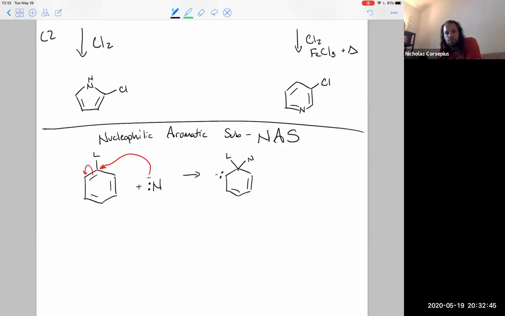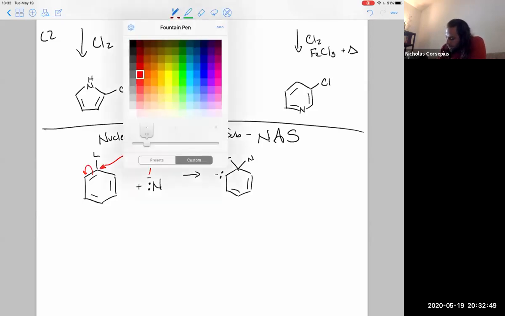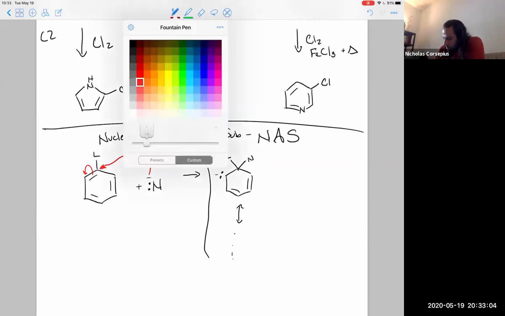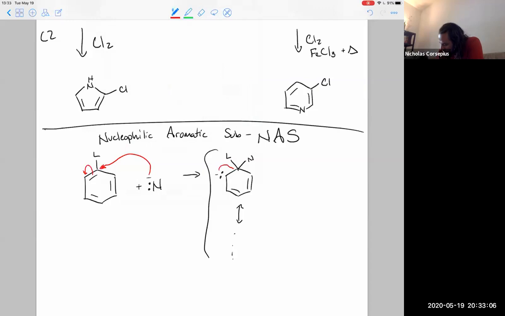And the whole reason that we draw this intermediate is because if we were really good, we would draw out all those different resonance contributors that are participating in resonance with this structure here. We're going to be lazy and not do that. And then this guy will come back down, kick off our leaving group.